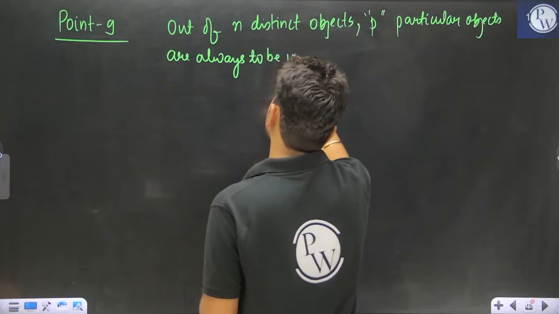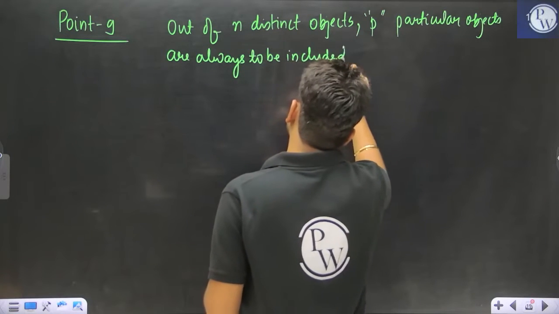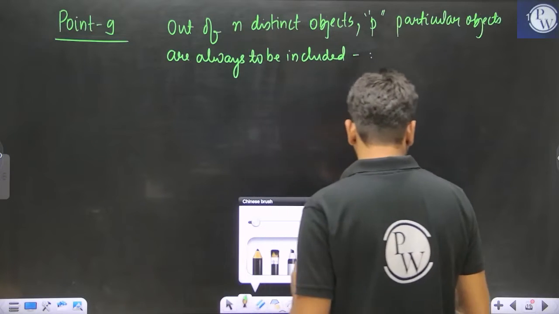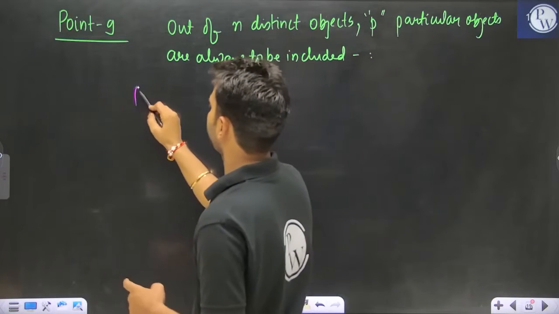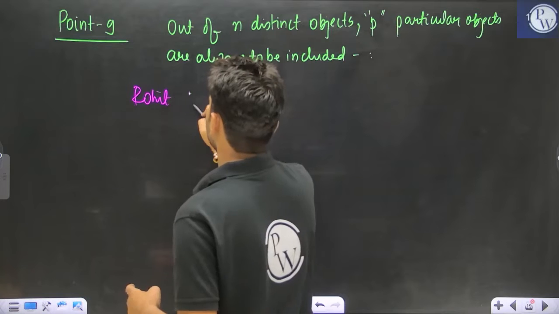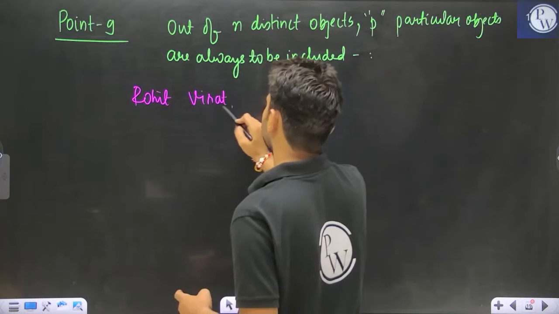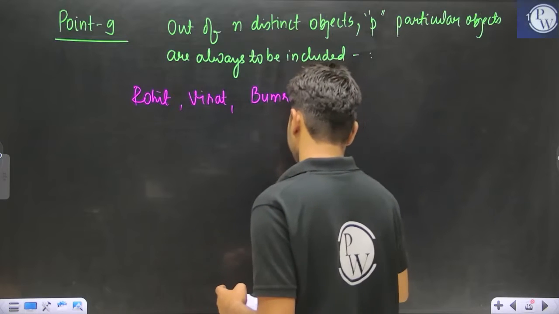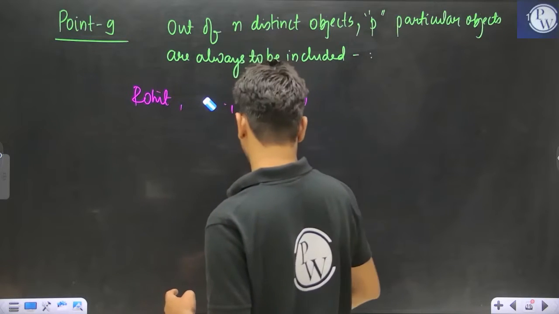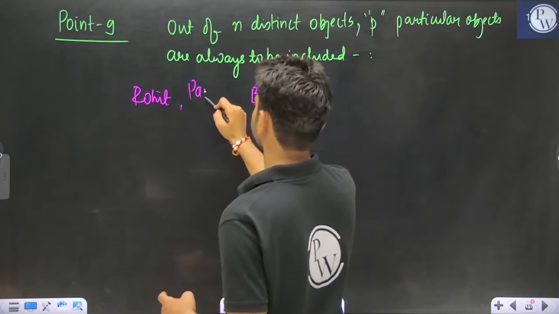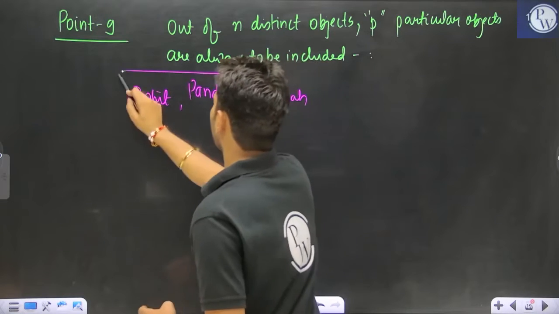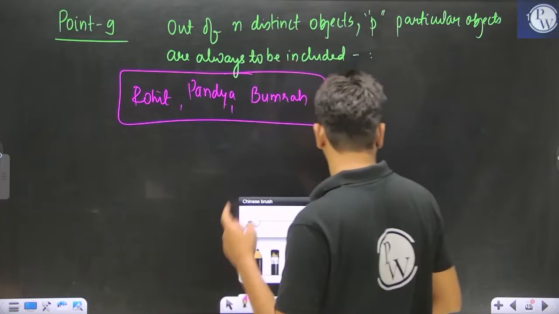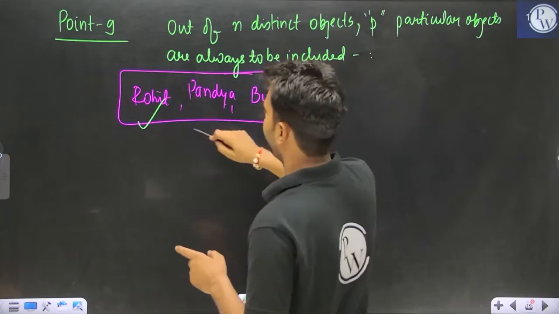That means what? Let's say the coach is highly impressed with Rohit, Pandya and Bumrah. So the coach told that these 3 people have to be there in our playing 11.